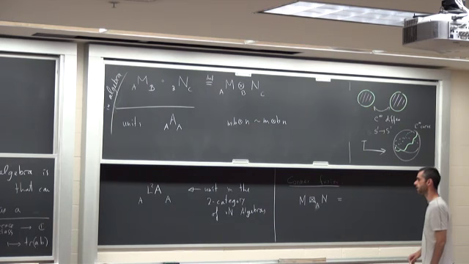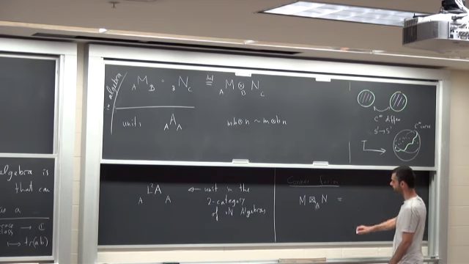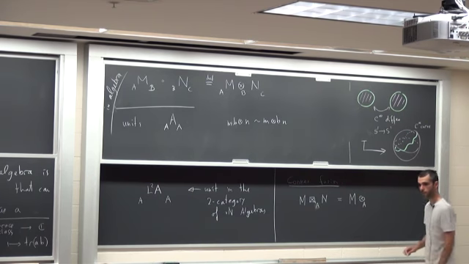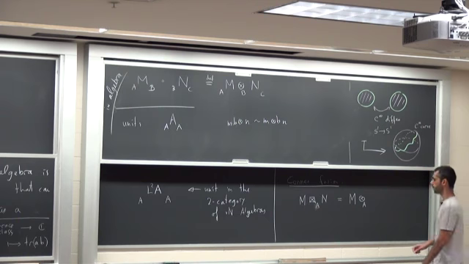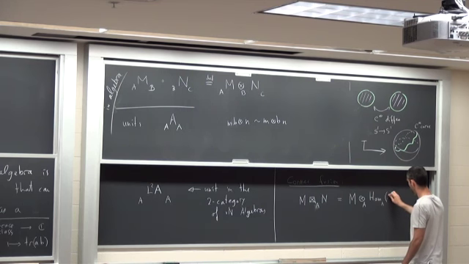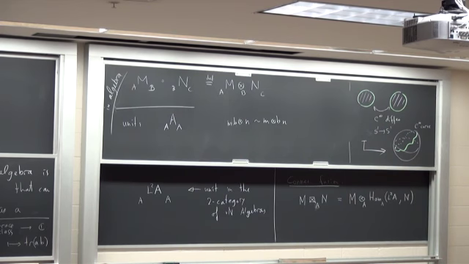And here's one way of saying what it is. It is the usual tensor product, the one that you know, between M and, let's see, N is a left A module.